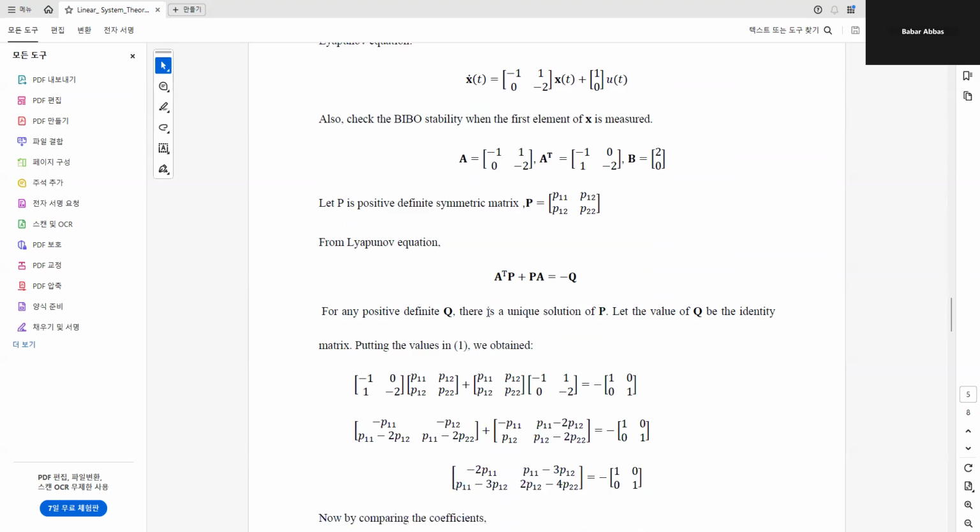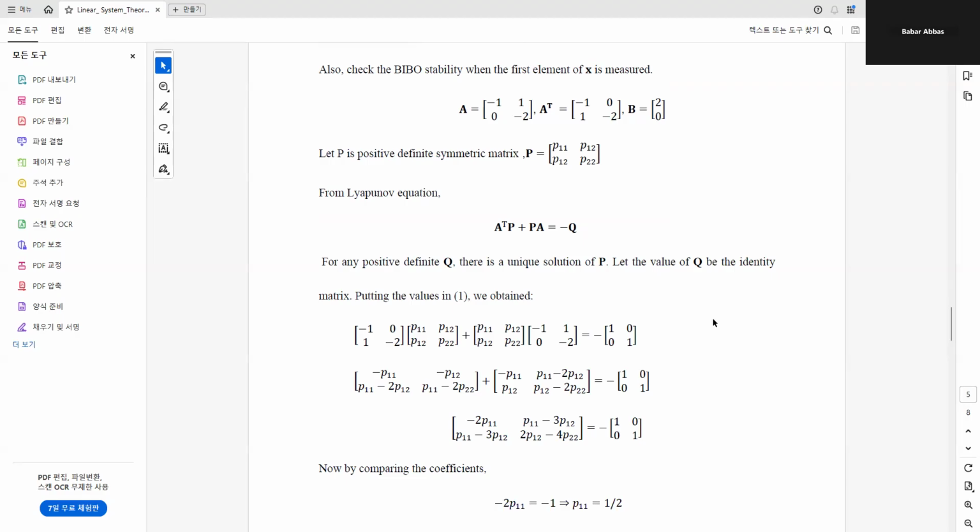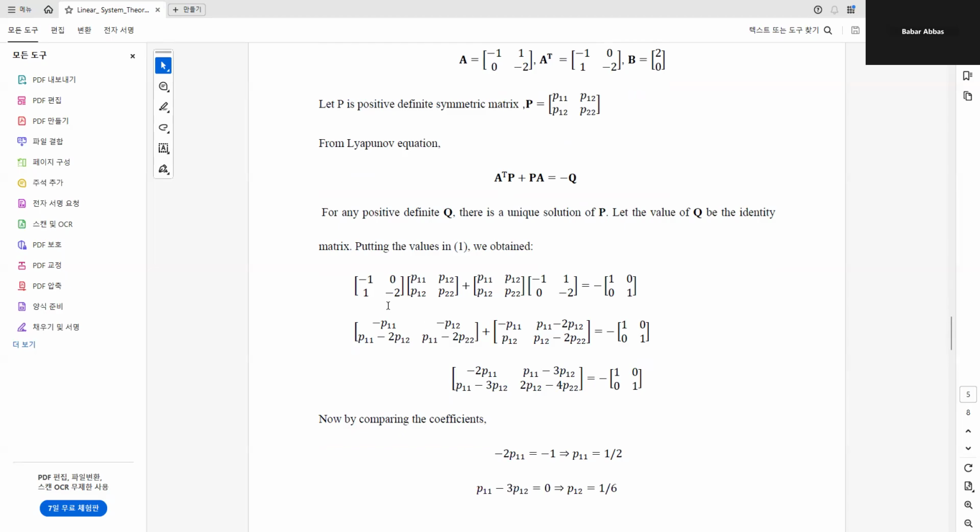From the Lyapunov equation, A transpose P plus P A should be equal to minus Q. For any positive definite Q there is a unique solution for P. Here we suppose the value of Q is equal to the identity, so A transpose P plus P A is equal to minus the identity matrix.